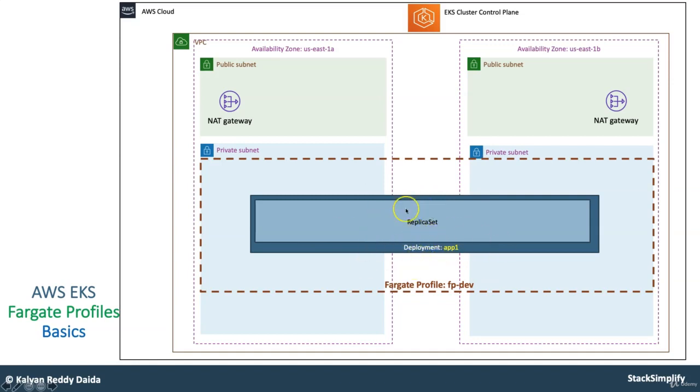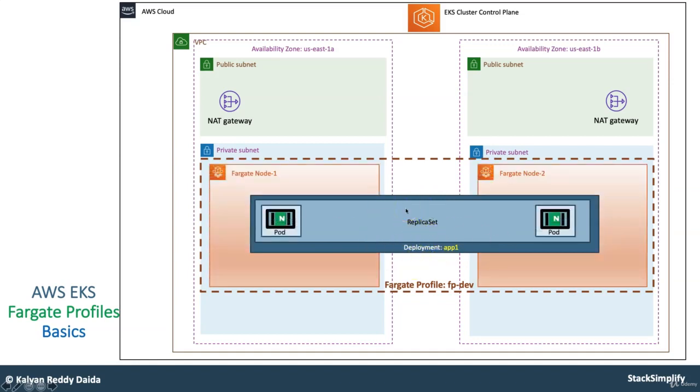So we have deployed it and it created a replica set. Once it starts creating the pods, those pods will be scheduled by automatically creating the Fargate nodes. These pods will be scheduled on those respective nodes. We have given replicas as 2 in our manifest, so it is going to create 2 Fargate nodes.